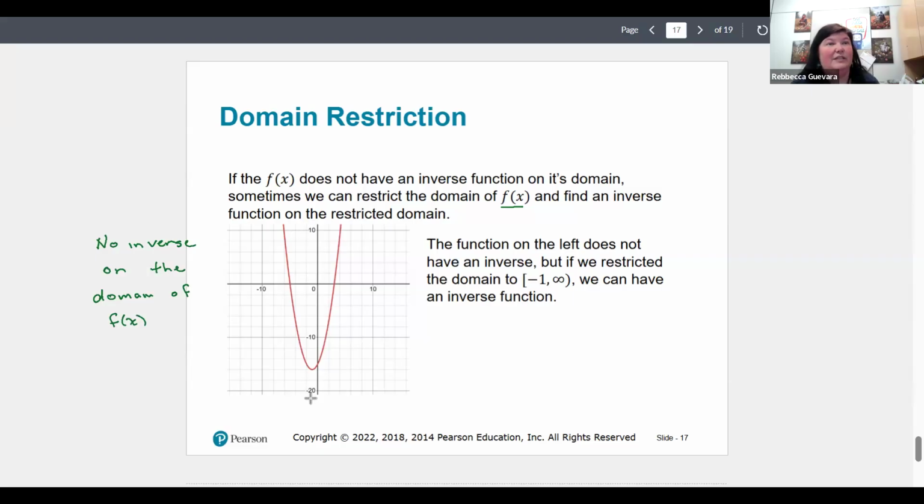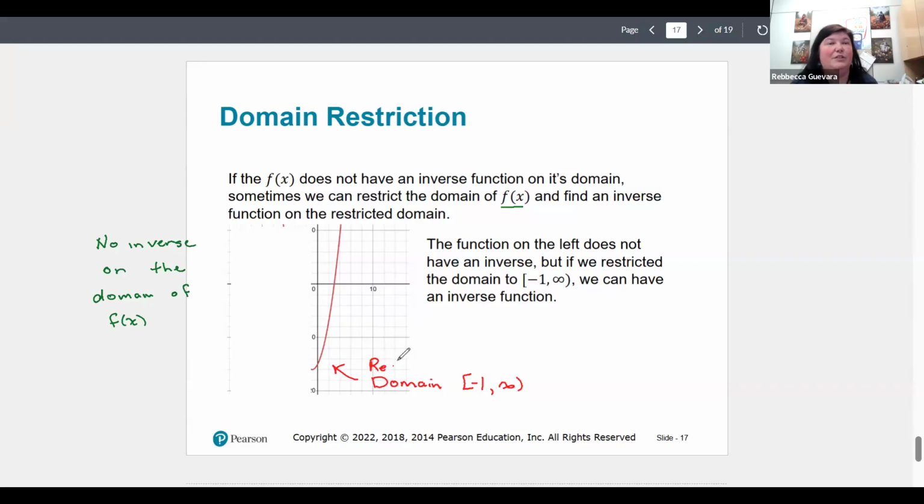So we see that the problem here is this half. If I keep that half, then I can't pass a horizontal line test. If I remove everything from here to here, this part will have an inverse function. So here, my domain, it's hard to see, but this is at -1 to infinity.